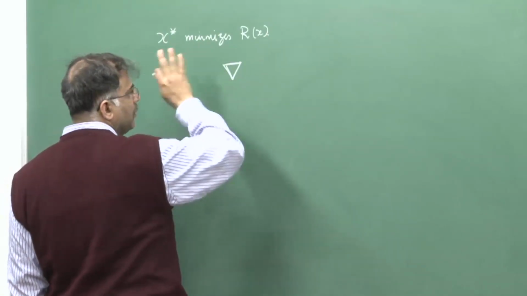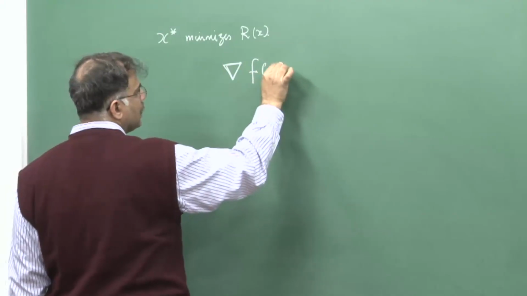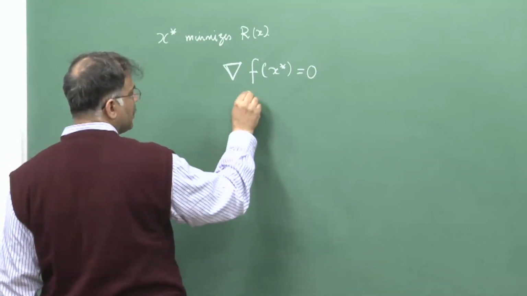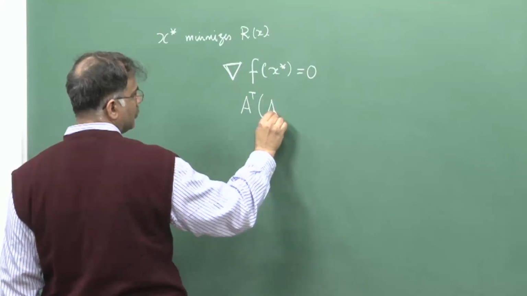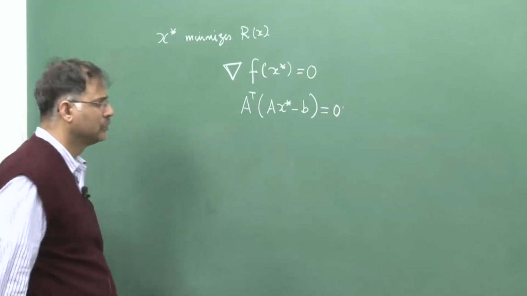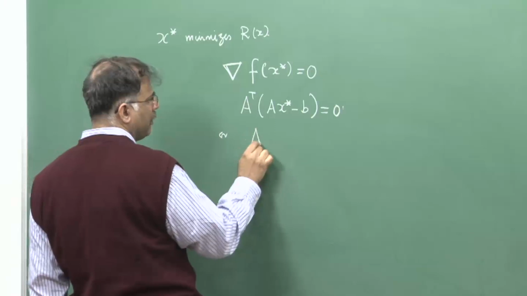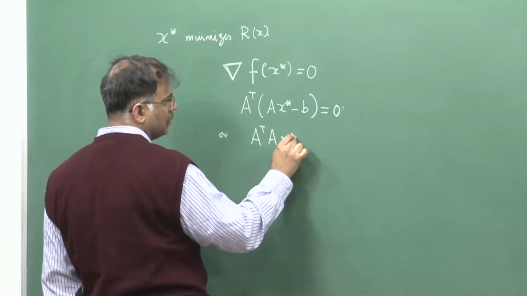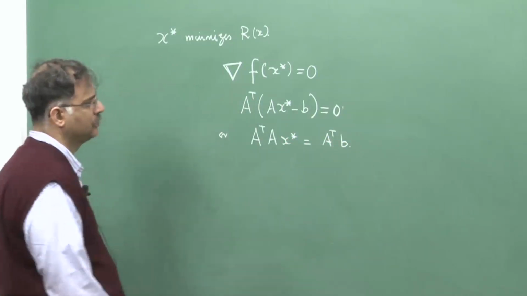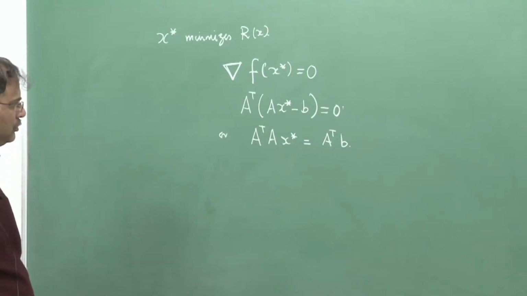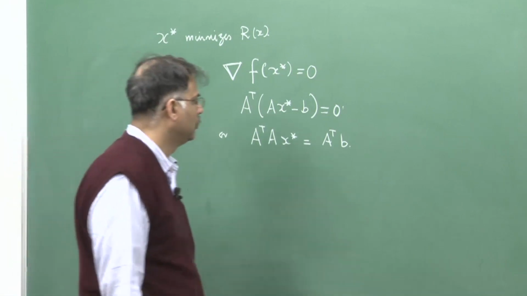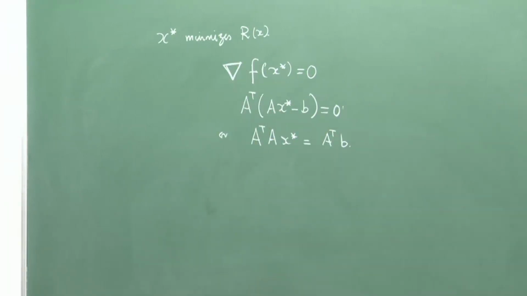So, I already know that x star is minimizing R x, so the gradient of f at x star gives me A transpose (A x star minus B) equal to 0, or A transpose A x star is equal to A transpose B. Okay, that's what it gives me.